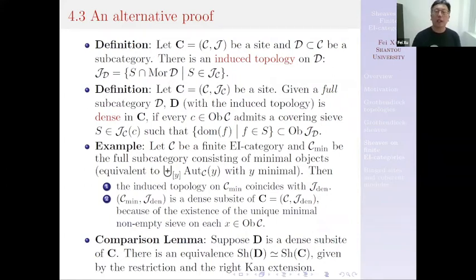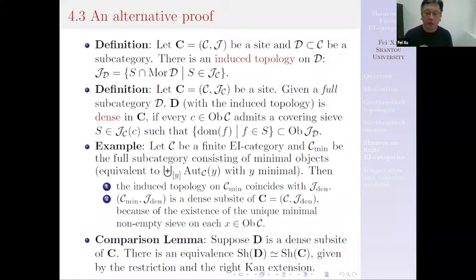Of course, you have to say that the restriction and right Kan extension are topos morphisms; they are the usual functors, but they have to meet some conditions. If you apply this to our case, you take C to be the category of G-sets and D to be the full subcategory, the orbit category, then you have the equivalence.